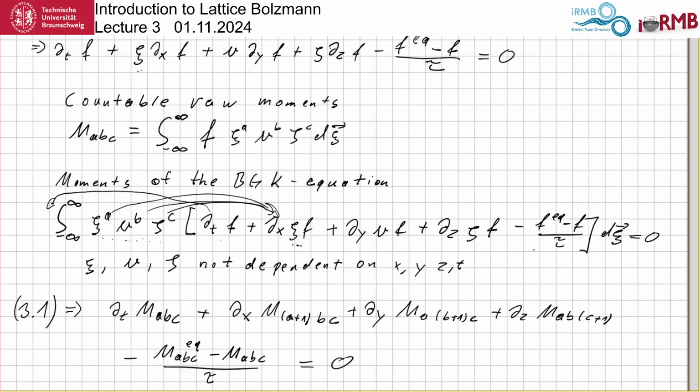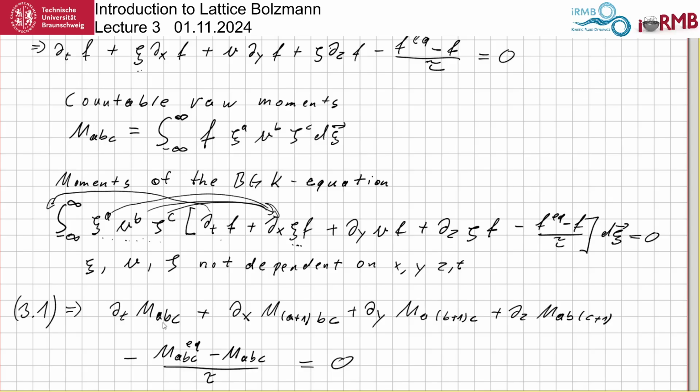Now with these countable moments, we can simply write down this equation. Yeah? And now we have not yet specified a, b, and c. So we can put their values, and the corresponding equation just drops out of this equation here.